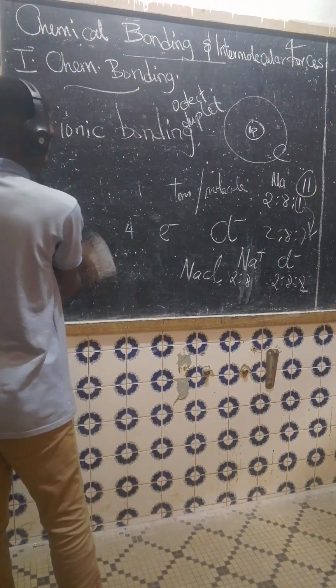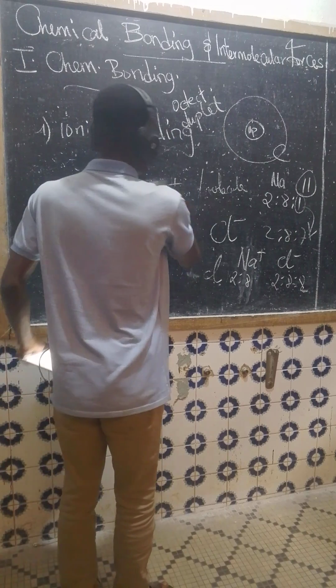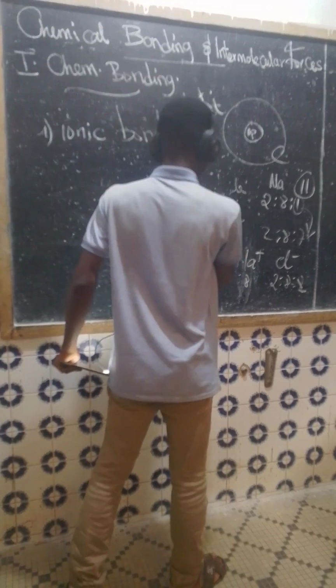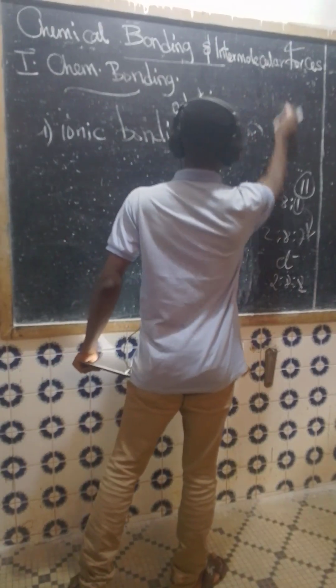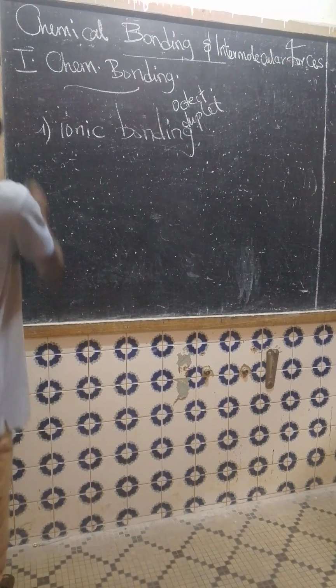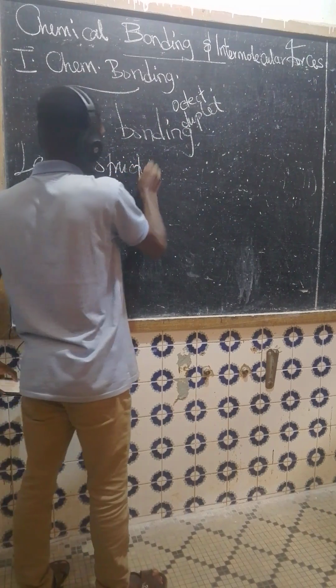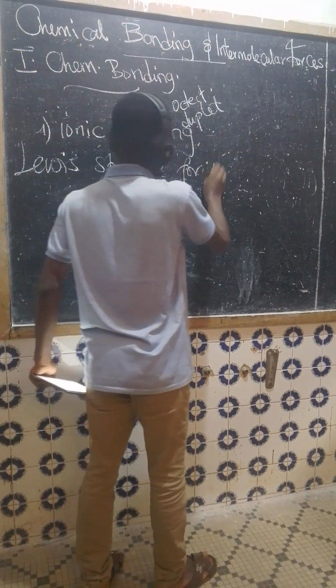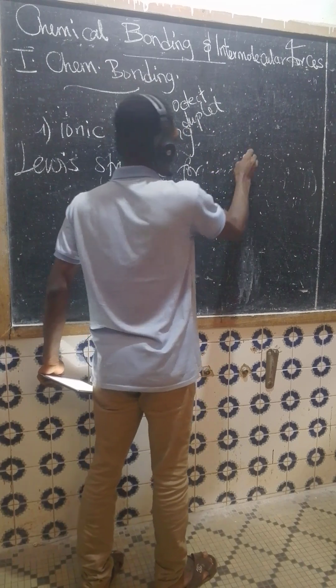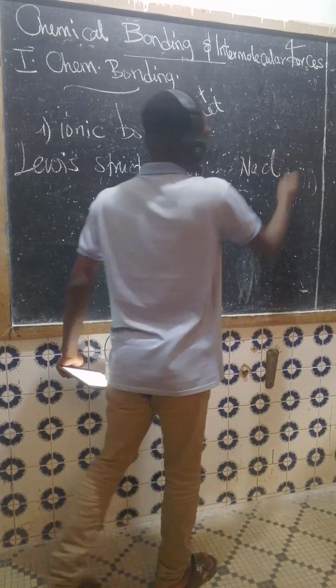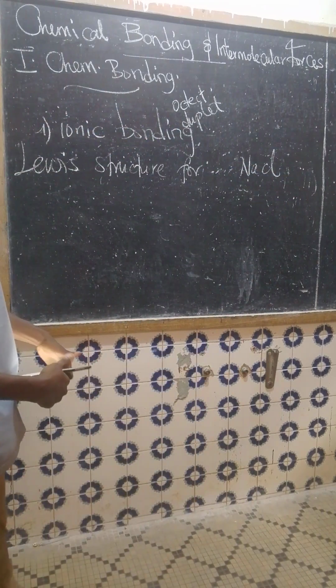Okay, let's do that for, let's say, sodium chloride. Yeah, and we are drawing the Lewis structure, for the formation of sodium chloride.